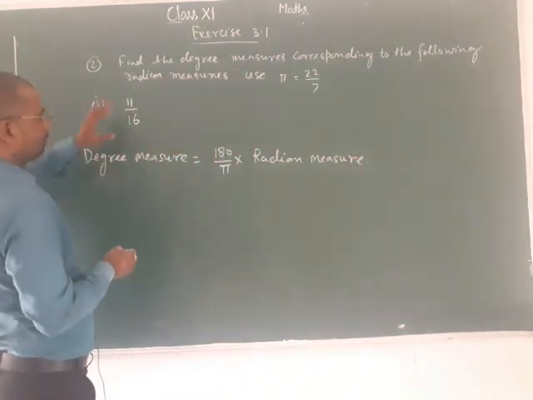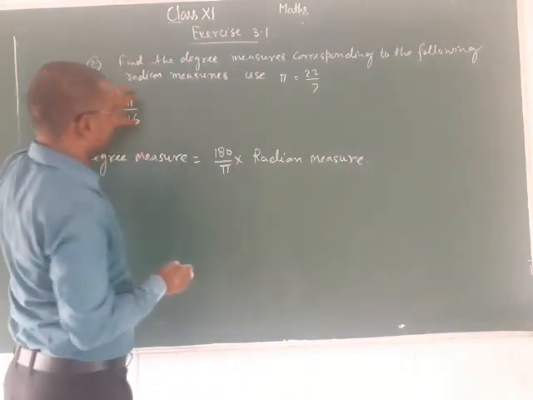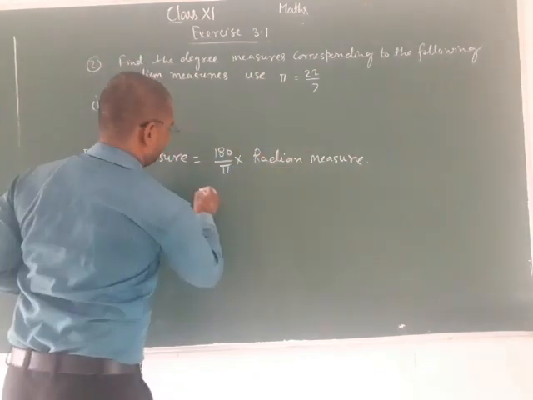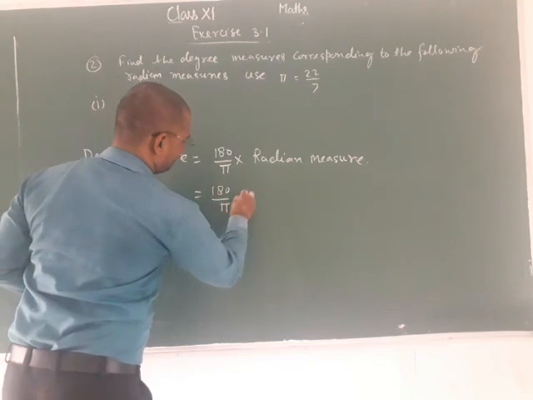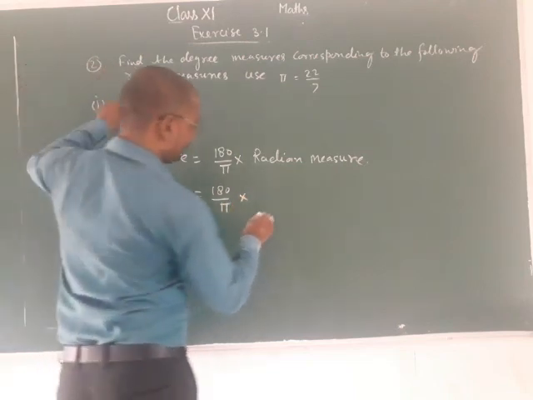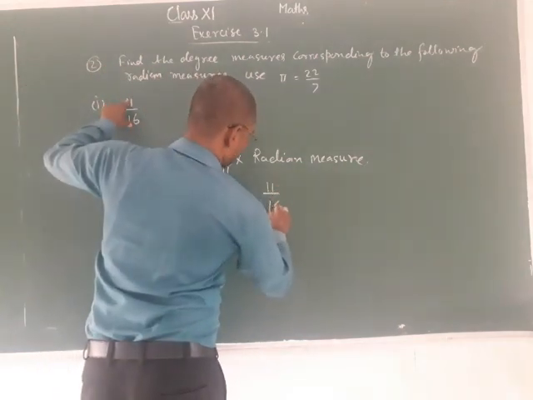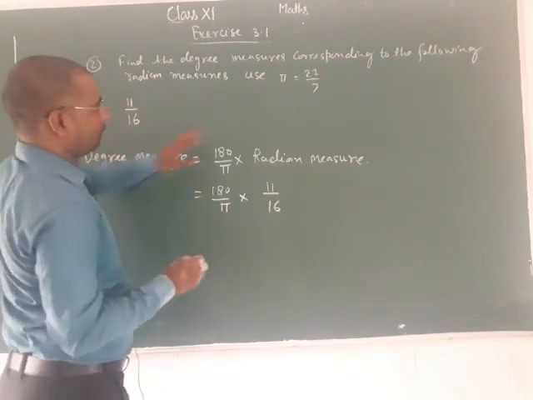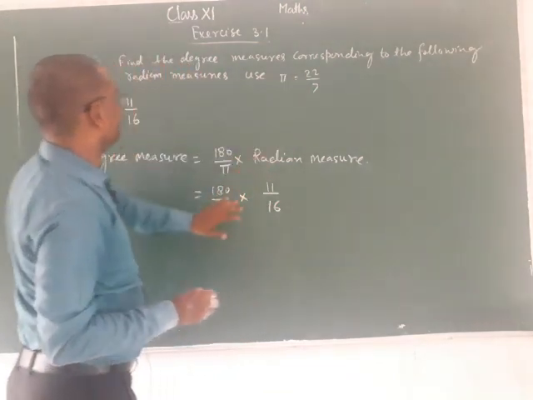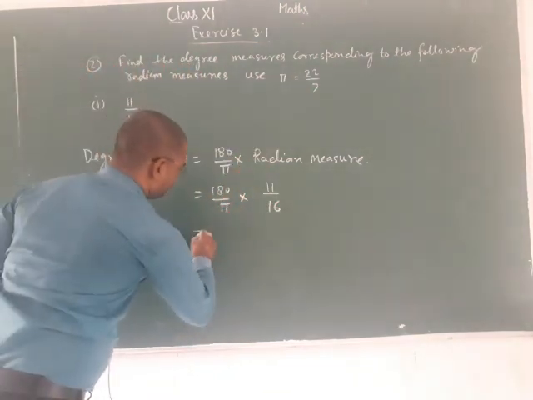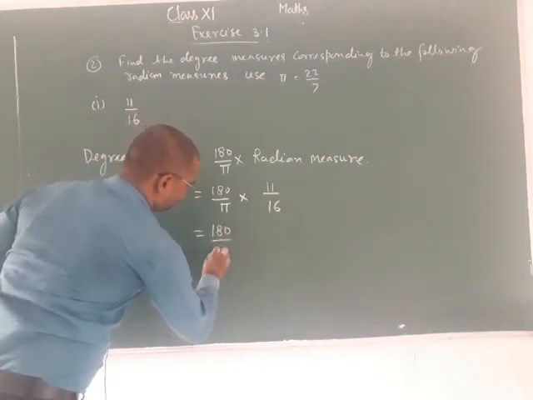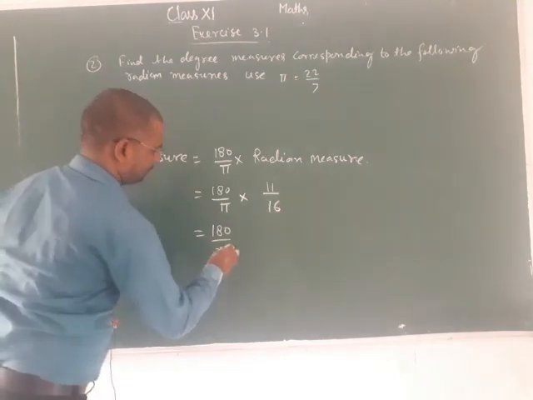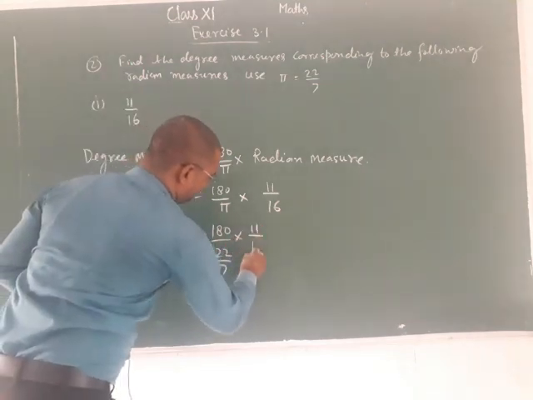Now this value in radian, put it here. So 180 upon pi into radian 11 upon 16. Pi value is 22 upon 7. So 180 upon 22 upon 7 into 11 upon 16.